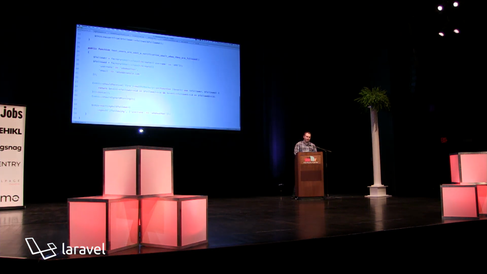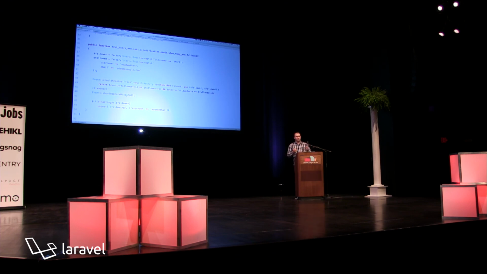Now, one thing that I don't really like about using mocks, and this is not specifically about setting expectations per se, but about mocks specifically, is that when you're setting an expectation on a mock, you have to do it at this part of the test. I like to think of my tests as organized in a certain way. Traditionally, it's called the arrange phase, the act phase, and then the assert phase.